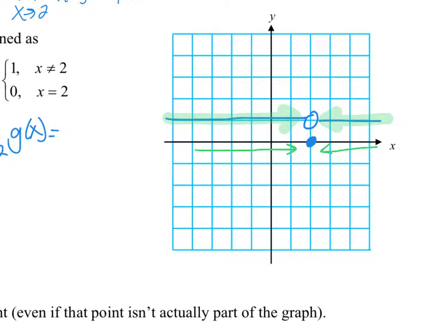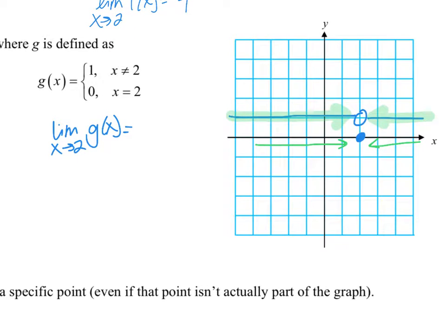What y value does my function approach as I approach 2 on the x-axis? I'm not talking about where the function is defined. If you trace your pencil along the function towards 2, from either direction, I'm headed to a specific value, and that value is 1.